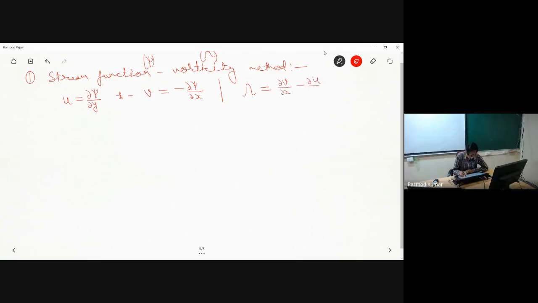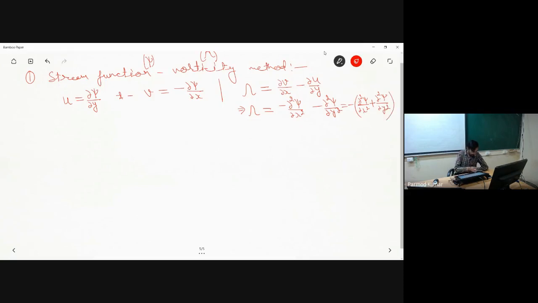Once I substitute the formulation of v and u, I will find my vorticity field as minus del square psi by del x square minus del square psi by del y square, which is minus of del square psi by del x square plus del square psi by del y square.